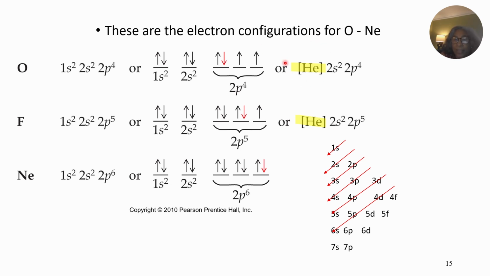We also have the condensed formula, where the inner electrons, those on the lowest shell, are represented by the symbol of the noble gas helium. The 2 electrons of helium are in 1s2, so we just place the symbol. This is very useful when we have large atoms, which I will show you on the next slide.